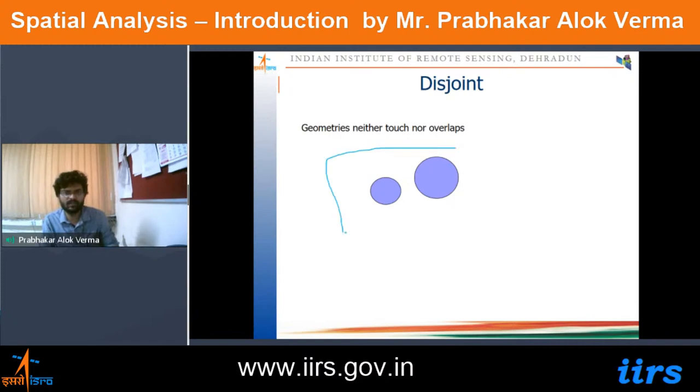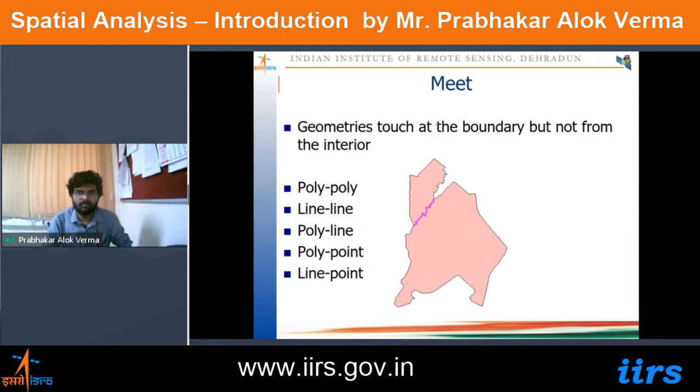Disjoint relationship means there is no touching, overlapping, or intersection between the features. Meet relationship means geometries are touching at the boundary but not from the interior, because touch can be of another type also, where one feature is touching another feature from inside. So this is not meet. In case of meet, features touch at the boundary but not from the interior.